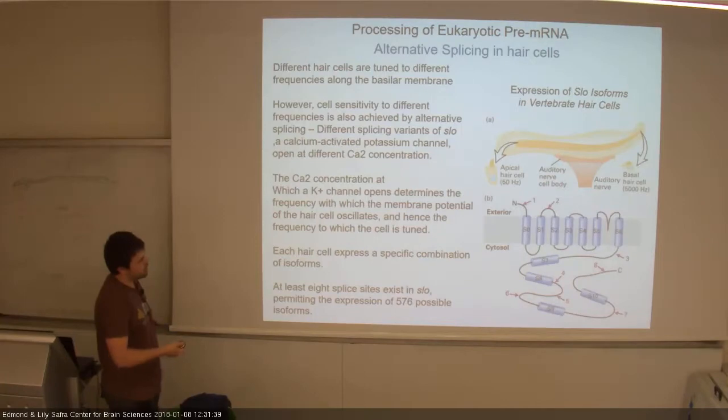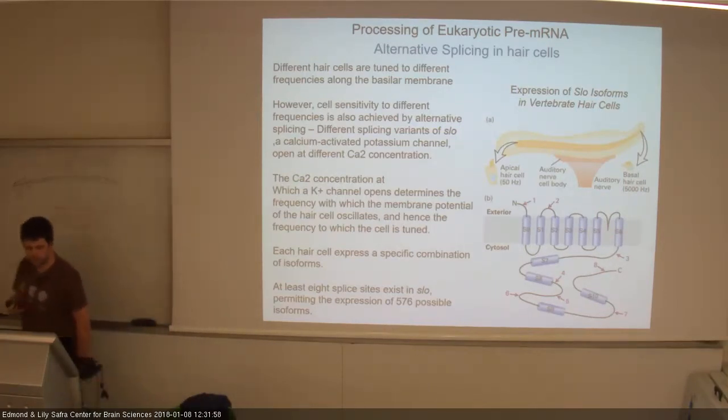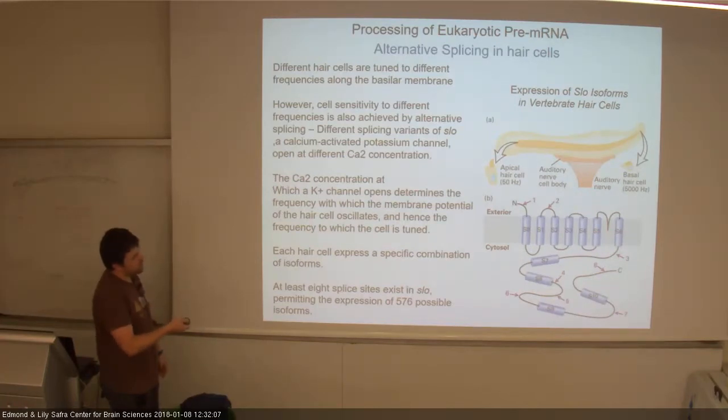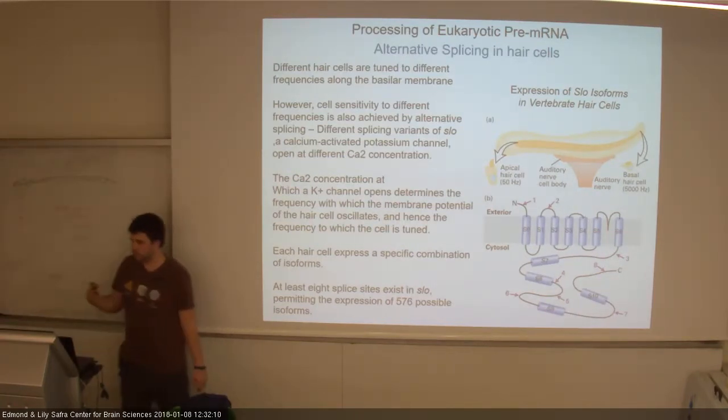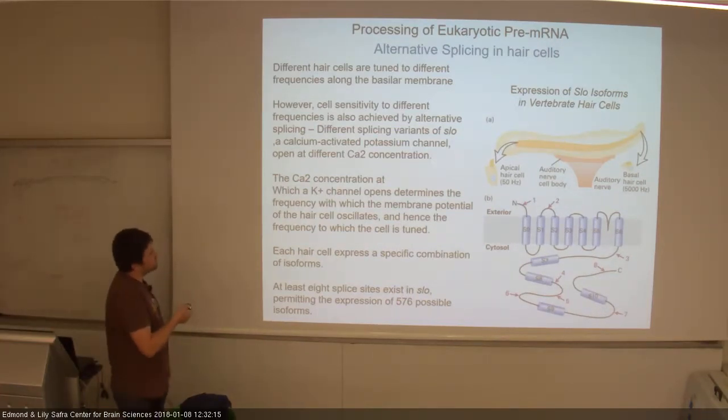So, for example, this shows an illustration of this potassium channel, and it has certain regions in the protein that can be modulated by alternative splicing. In different types of hair cells, you can have different variants of this channel expressed, and hence you will have different sensitivities of these potassium channels to different levels of calcium concentration.